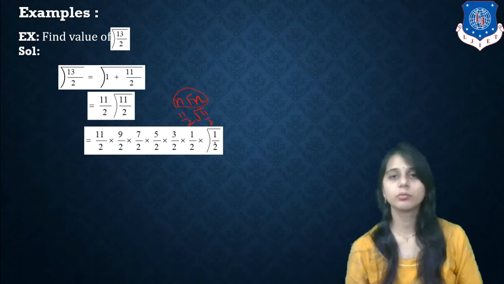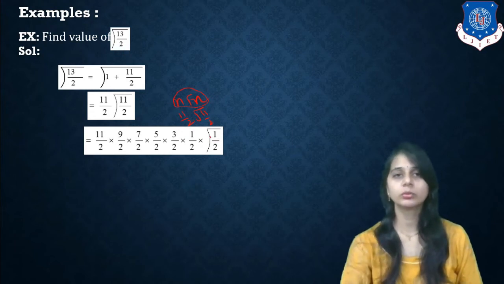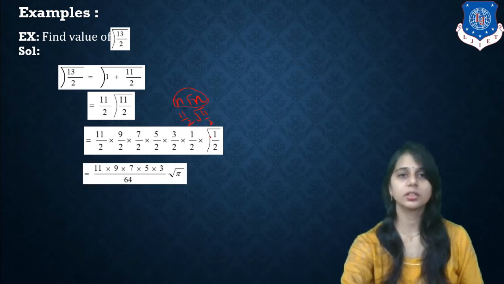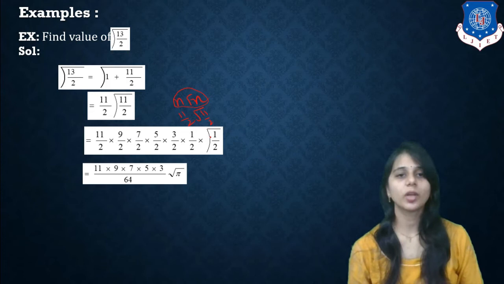Last we are left with gamma 1 by 2. So the answer is 11 into 9 into 7 into 5 into 3 divided by 64 under root pi.